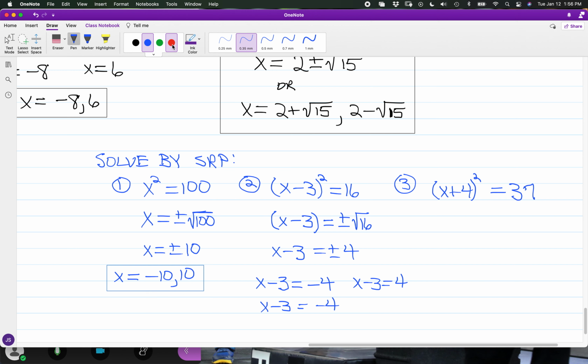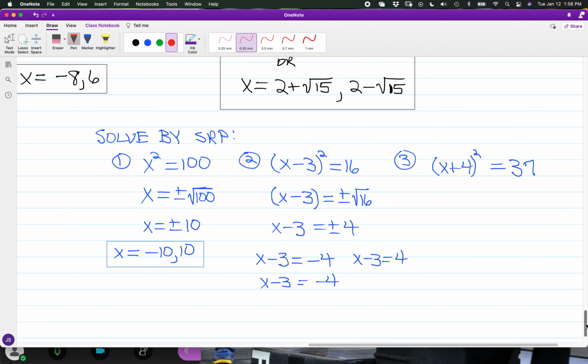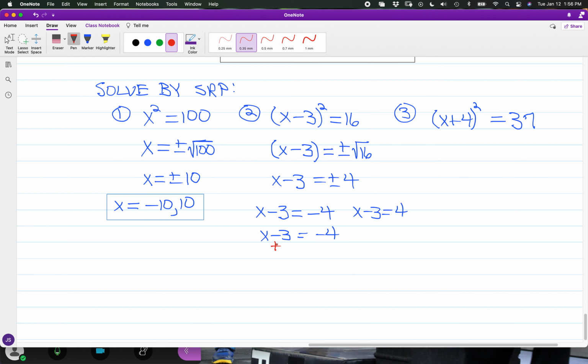So if x minus 3 is equal to negative 4, I can isolate x upon adding 3 to both sides. So I have that x is equal to negative 1.